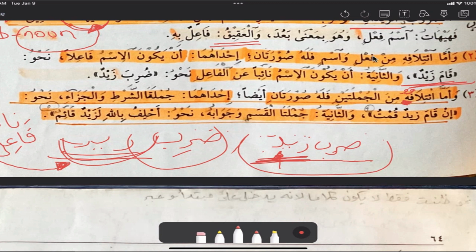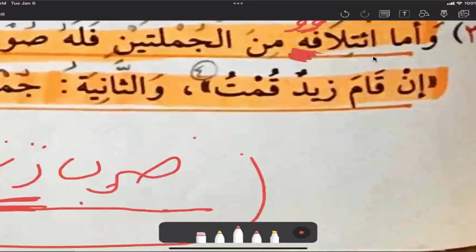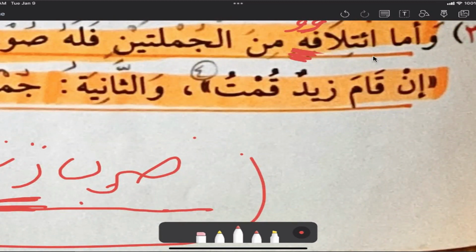So here, in qama Zaydun qumtu, didn't we say every time you have a verb, you have a doer of the verb, and that's its own sentence? Bismillah, qama Zaydun, that's a sentence. Zayd is a doer, and qama is the act. Zayd stood.